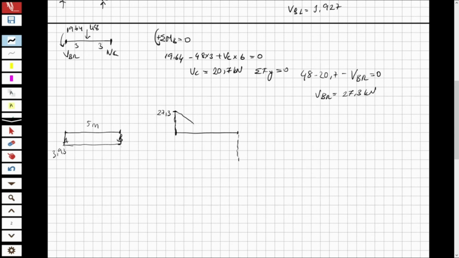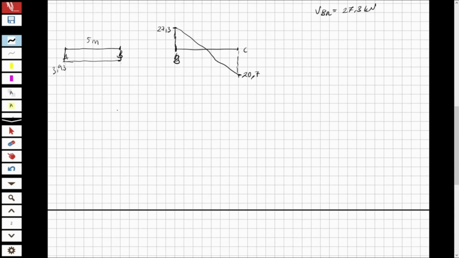Sorry for that. But this is going to be linear. This is going to be 20.7. And now I draw the other shear diagram. This is B, this is C.